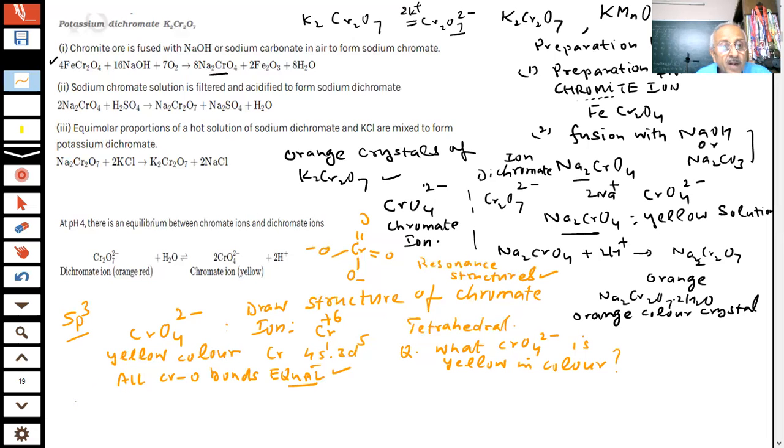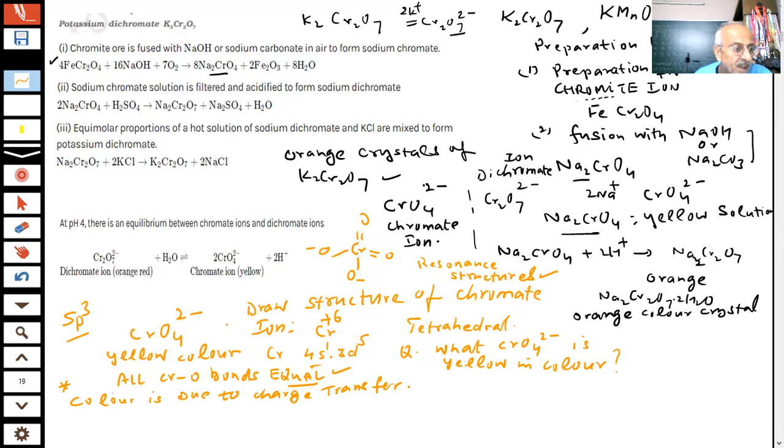This is an important point. The color is due to charge transfer, students. Important point in these cases: there is no d-d transition.